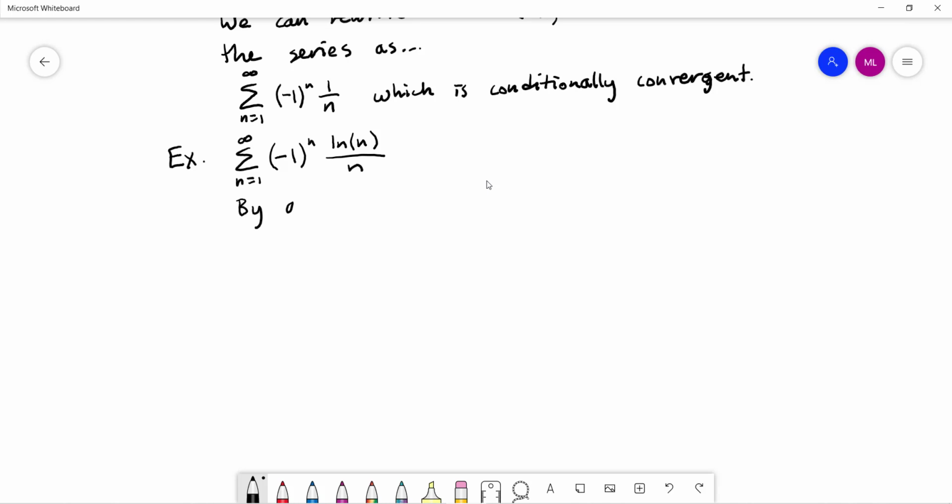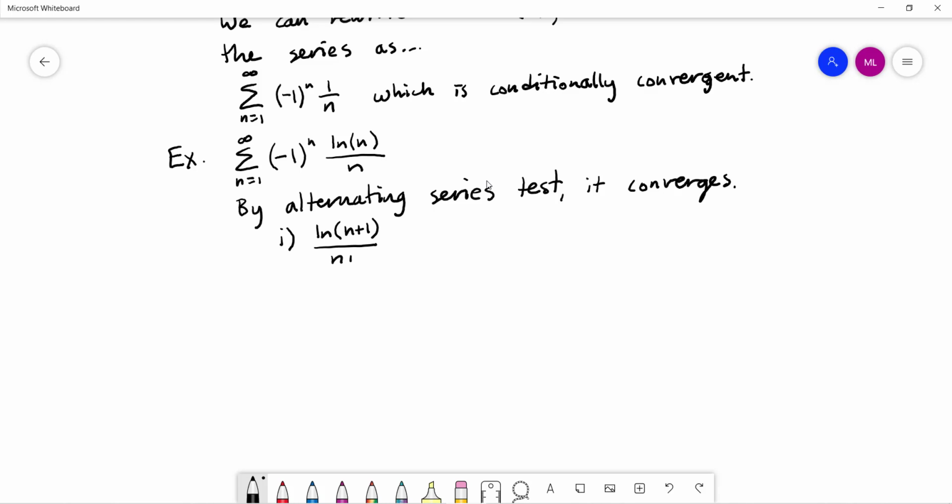So, first thing is by the alternating series test, it converges, and it does. Because item 1, it turns out that the natural log of n plus 1 over n plus 1 is indeed less than or equal to natural log of n over n.